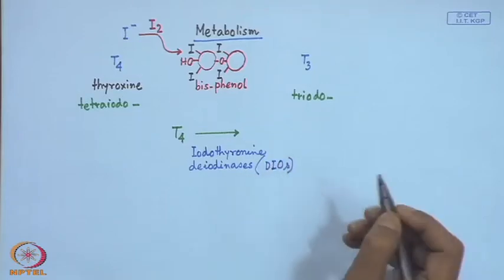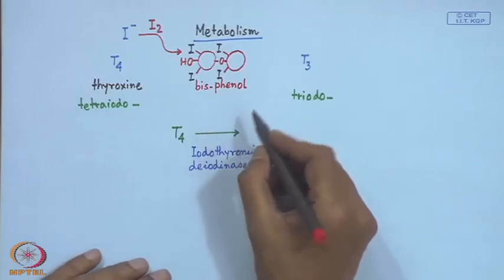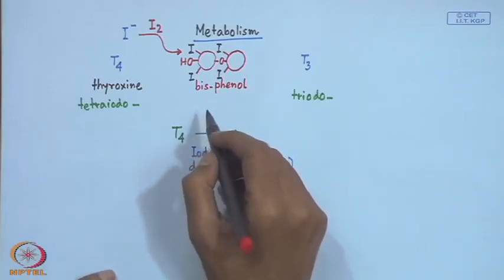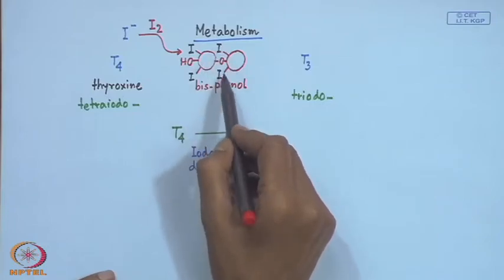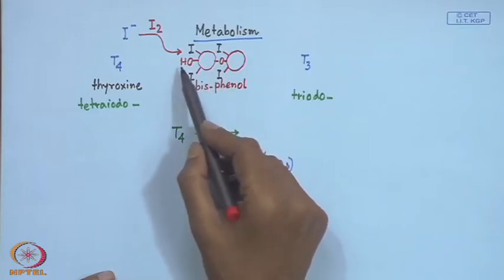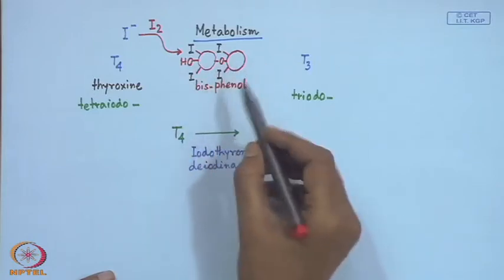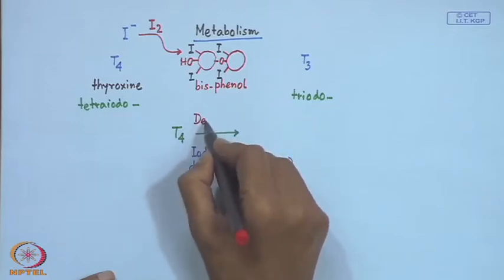This catalyzes the reaction known as the deiodination reaction. We have seen so far that the introduction of iodine atoms to the phenyl rings at the ortho position of the OH or O group is known as the iodination reaction. So this will be our deiodination reaction.